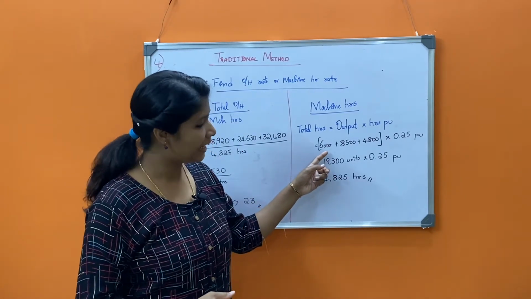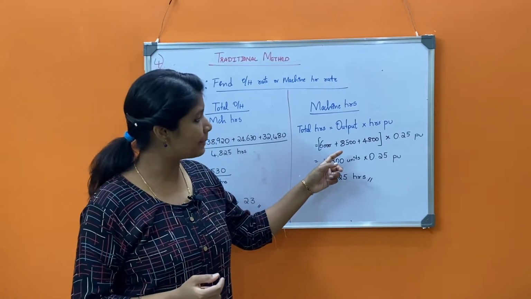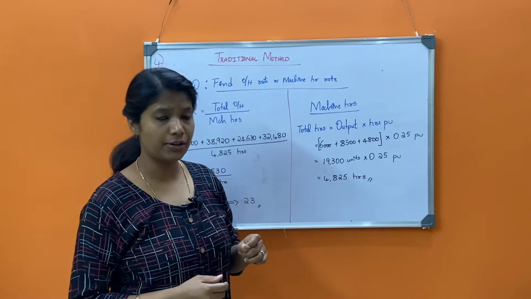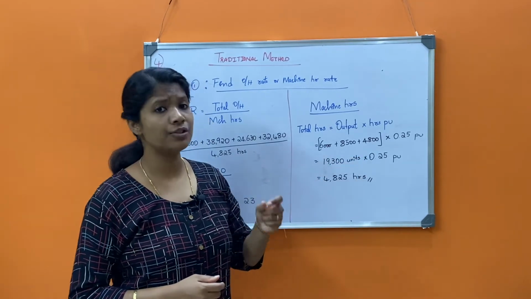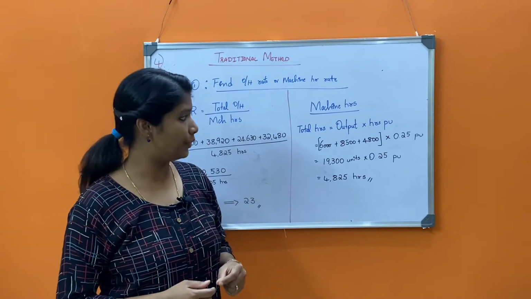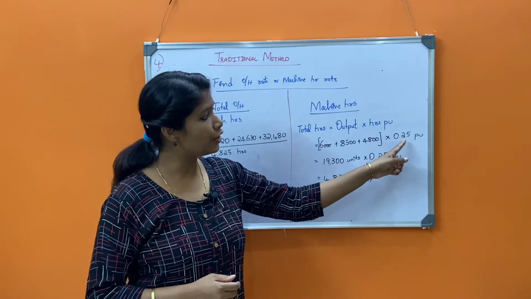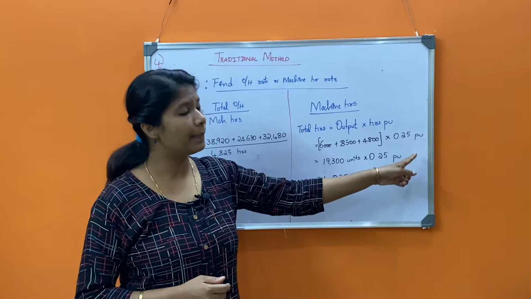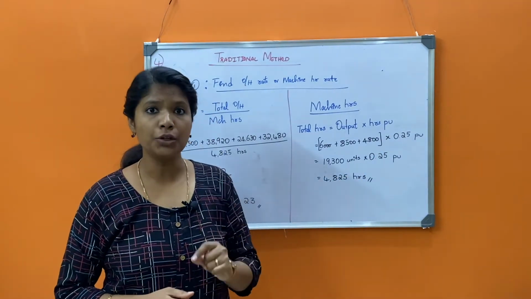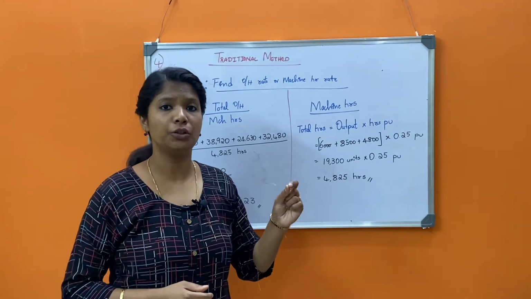Product A has produced 6,000 units, B has produced 8,500 units and C has produced 4,800 units, multiplied by 0.25 hour per unit. To produce 1 unit it takes 0.25 hours.